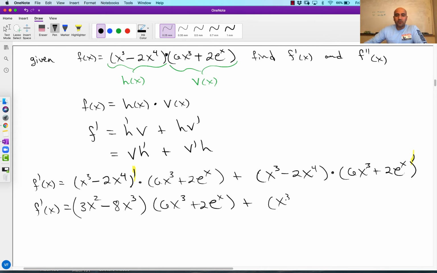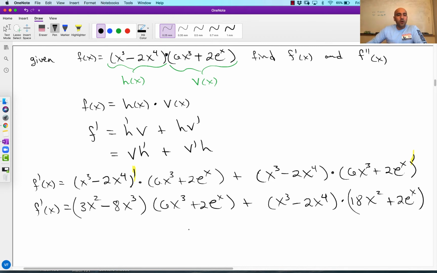That'll be x to the third power minus 2x to the fourth power times the derivative of this thing, which is the derivative of each one. This would be 18x to the second power. And then for this one, we know that the derivative of e to the x is just e to the x, so this would be plus 2e to the x power.